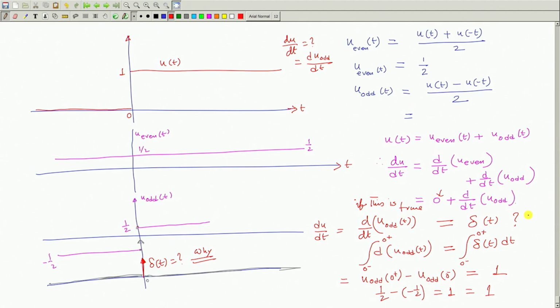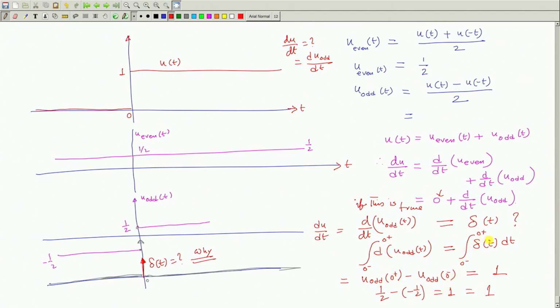Then you multiply both sides by dt, then it will be du odd t equal to delta t dt, that I have not written. Then you integrate both sides from 0 minus to 0 plus. The left hand side will give you 1, because if you integrate it, it becomes u odd t, and u odd t at t equal to 0 plus is plus half, this is minus half, so this is plus 1.